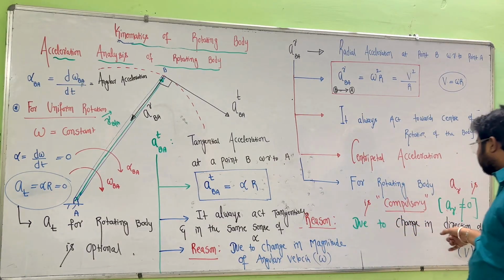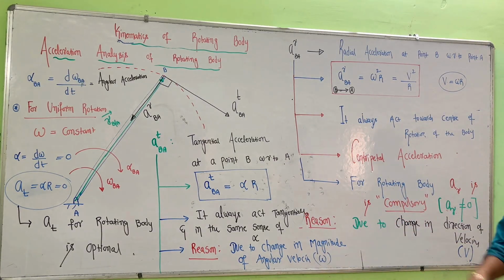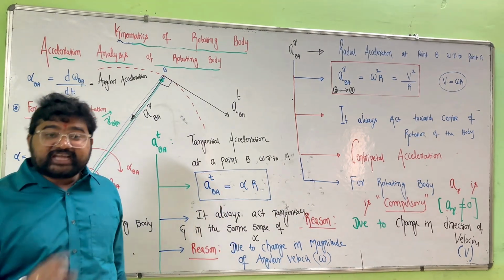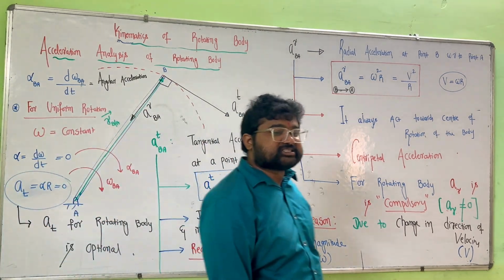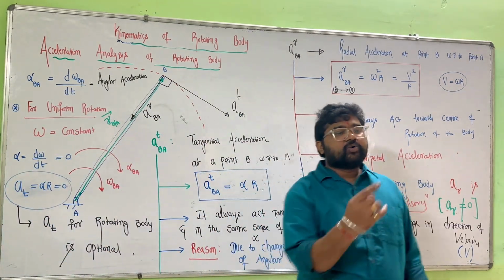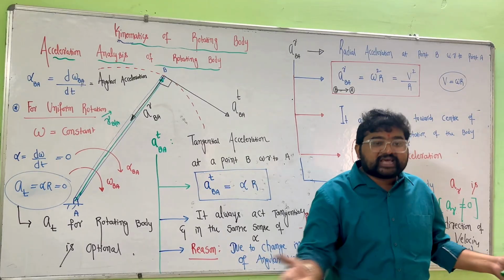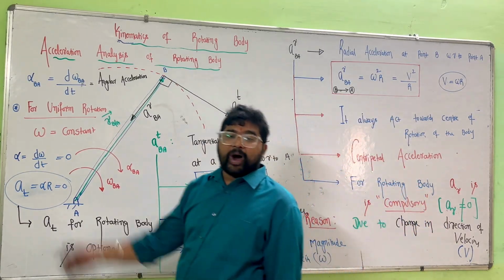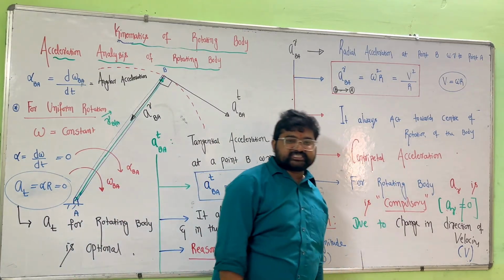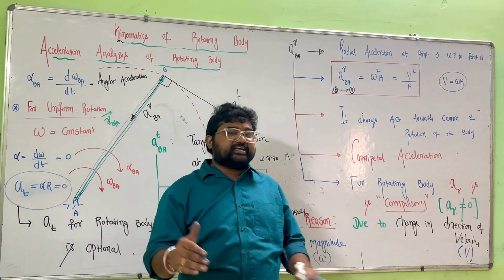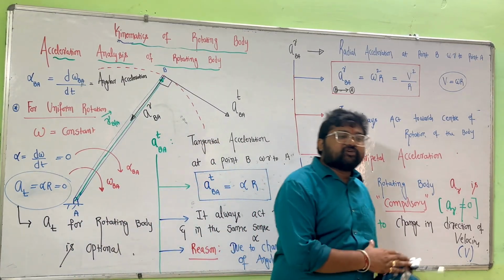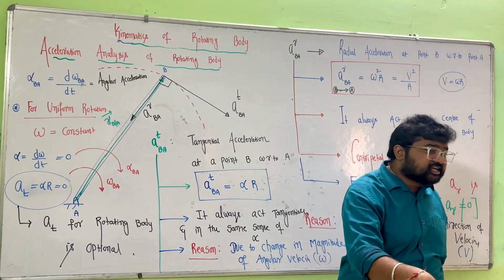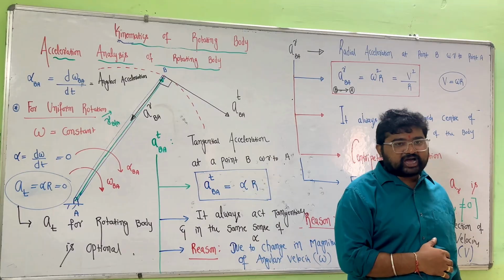What is the reason for existence of radial acceleration? Due to change in direction. Why do two accelerations exist in rotation? In translation, there is only one acceleration, linear acceleration. One is due to change in direction, but there is no chance of change in direction in linear motion in a straight line. If the magnitude of linear velocity is changing, linear acceleration will come.